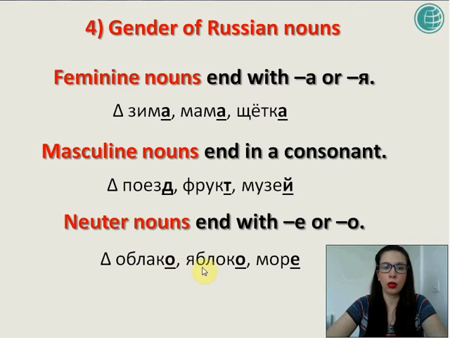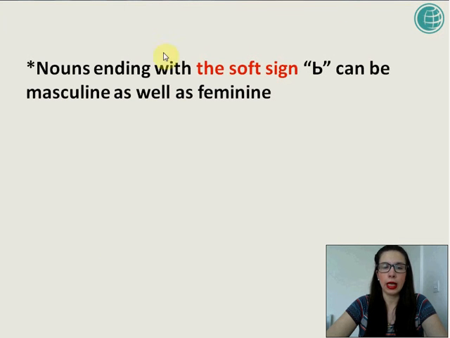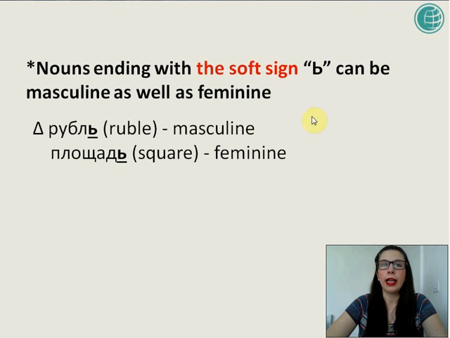Облако, cloud, яблоко, apple, море, sea. And you have to remember these two cases. Nouns ending with the soft sign, this is the soft sign, can be masculine as well as feminine. Native Russians will understand this without thinking, but foreigners will need to learn the gender of every noun ending with the soft sign.